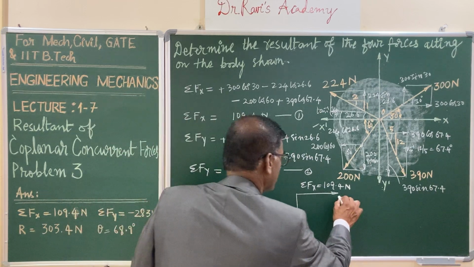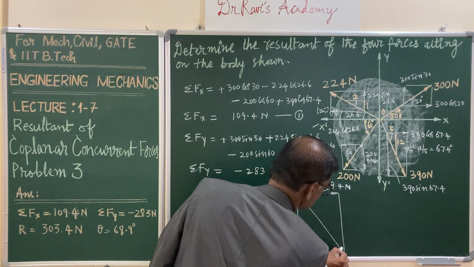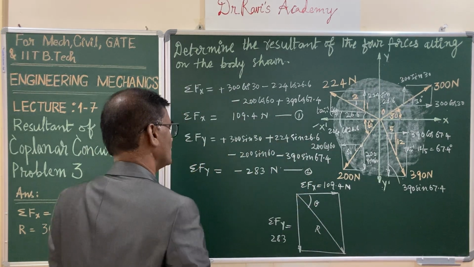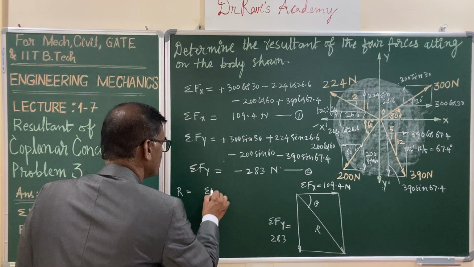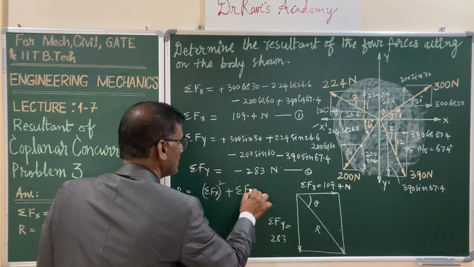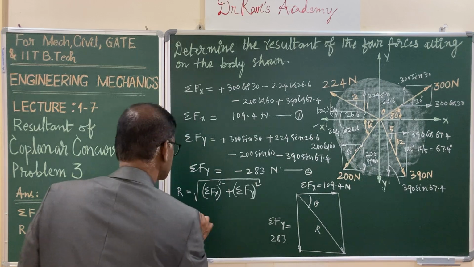So let us form a parallelogram, and this is your resultant, and this is theta. So R, the resultant force R is equal to the square root of sigma Fx squared plus sigma Fy squared.